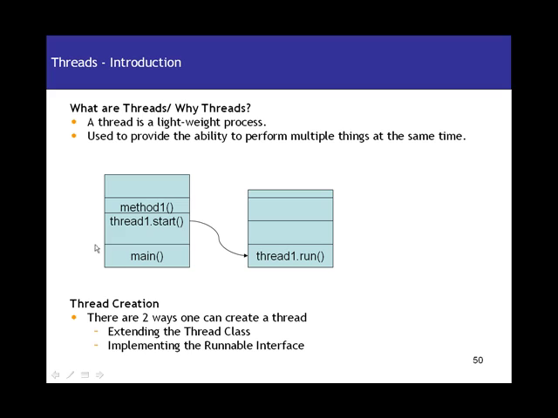And let's say that you don't have this, just forget this thread dot start for the time being. Okay, and let's say that my main method calls method 1, so I have method 1 on top of main method on the stack, and if method 1 calls method 2, I'll have method 2 on top of method 1 on the stack, right? So as I keep calling methods in this flow, all the methods keep adding up onto the stack, right?